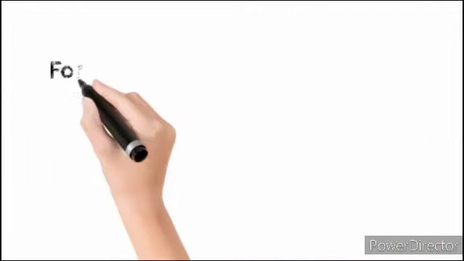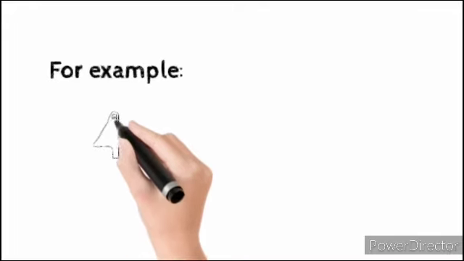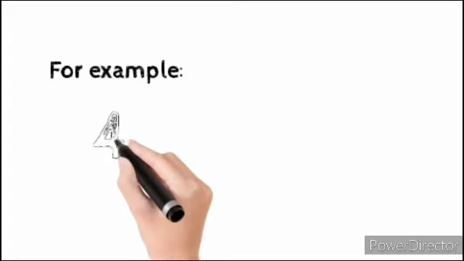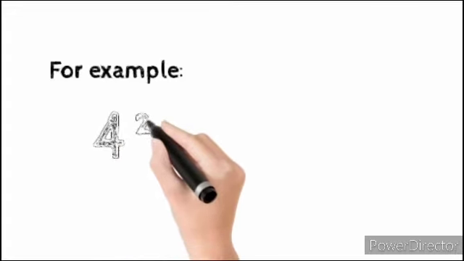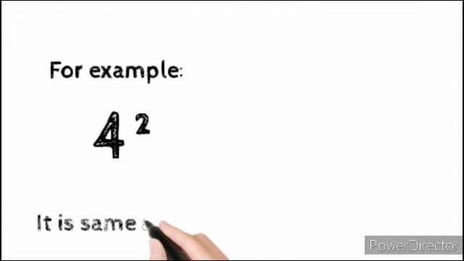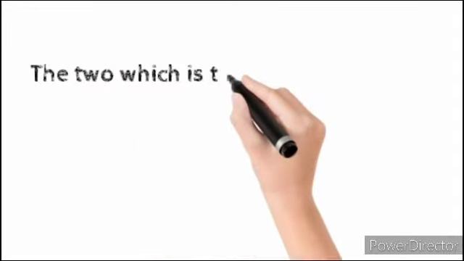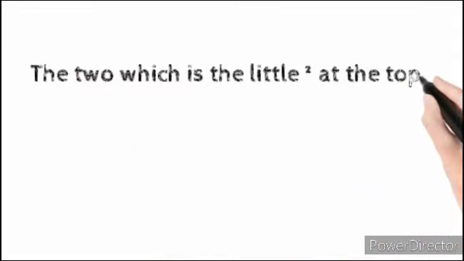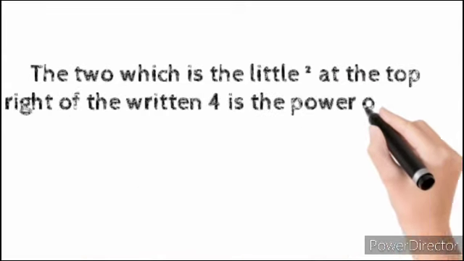For example, when you have a written 4 with a little 2 written at the top of the written 4, it is the same as 4 raised to power 2. The 2, which is the little 2 at the top right of the written 4, is the power or index.